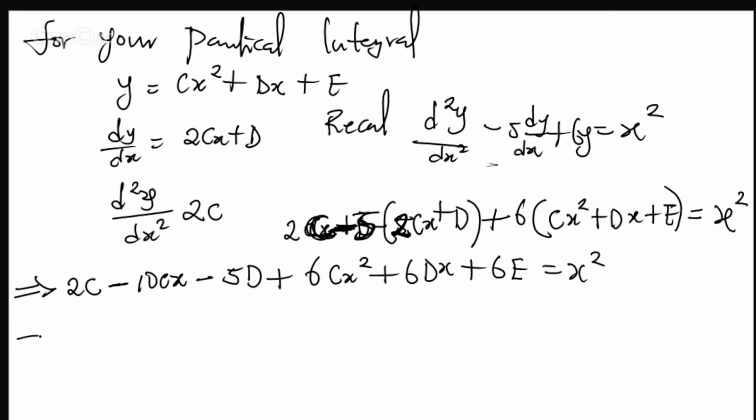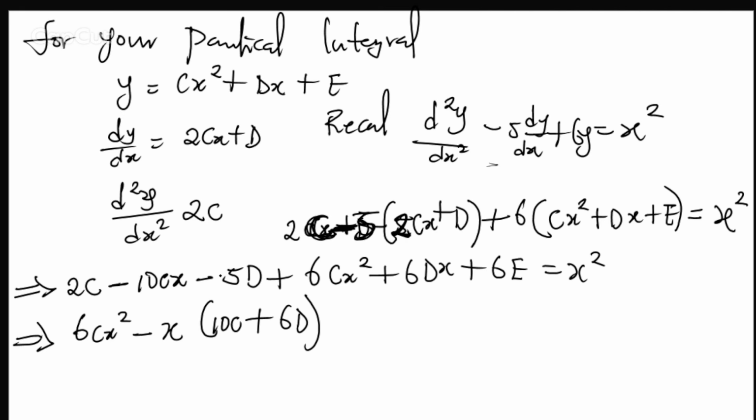So we'll simply have 6cx squared, then 10cx and 6dx, we can put them together, equating x outside. We'll have x outside, and we'll have 10c plus 6d. Are we together?